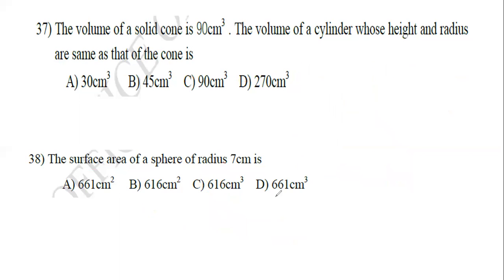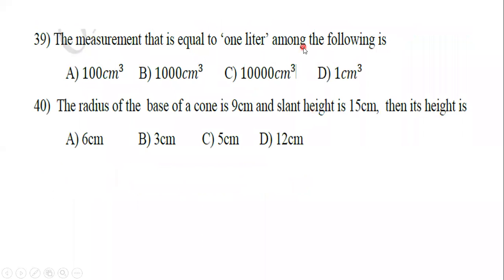Next, 39th question. The measurement that is equal to 1 liter among the following. They given so many choices here. 100 centimeter square. And the other one is 1000 cubic centimeter.